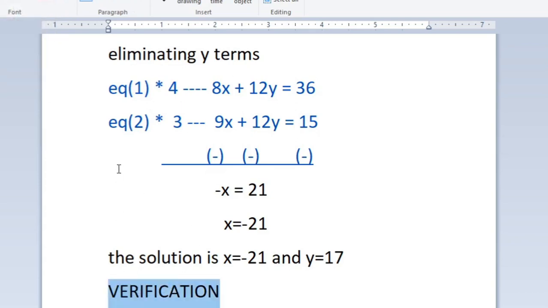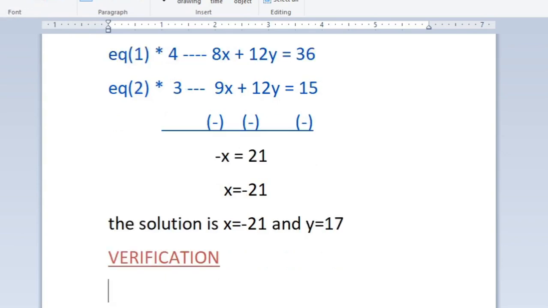According to the problem, you will take the first equation as it is, that is 2x plus 3y is equal to 9.